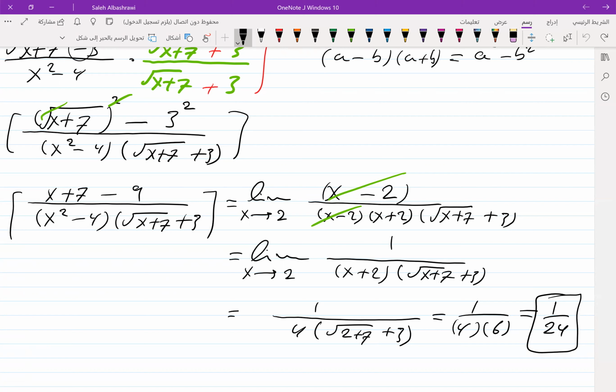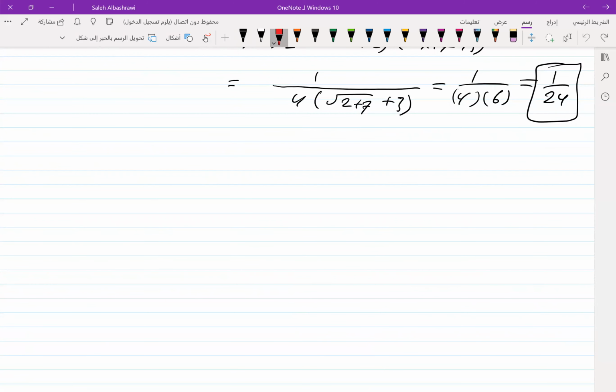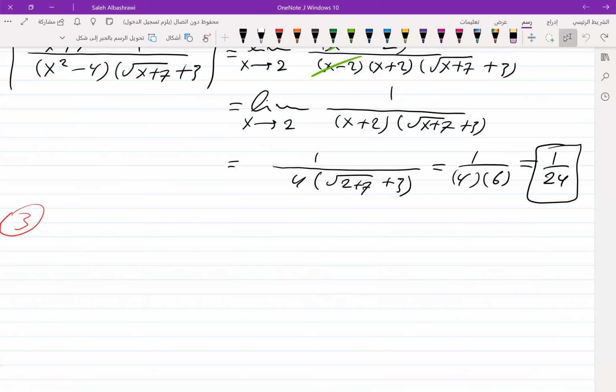Let's take another one. Example number 3. Let's find the limit of square root of x plus 4 minus 2 divided by x, where x goes to 0.